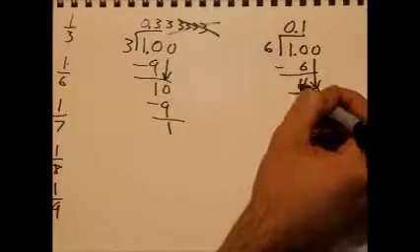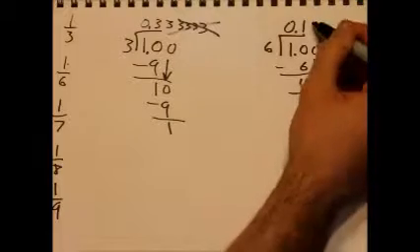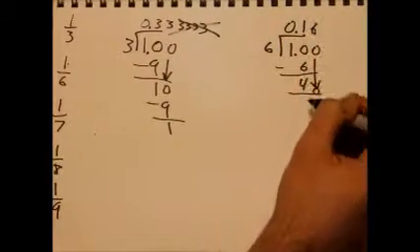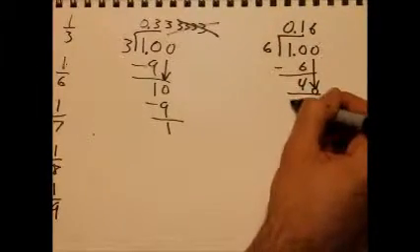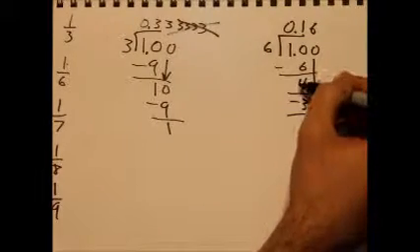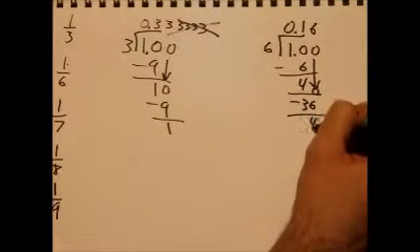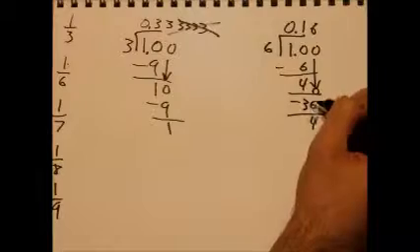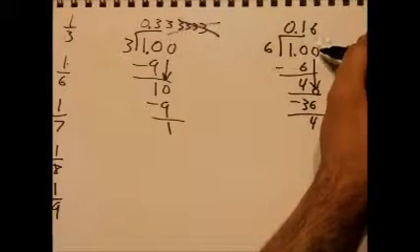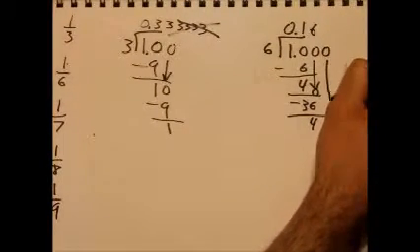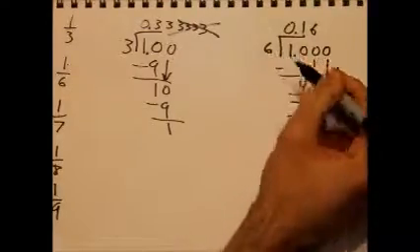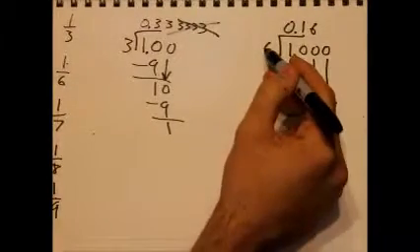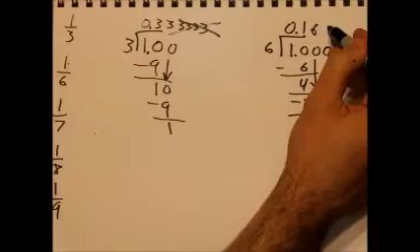So we have 40. 6 will go into 40 6 times. 6 times 6 is 36. 40 minus 36, as we know, is 4. Add another 0.